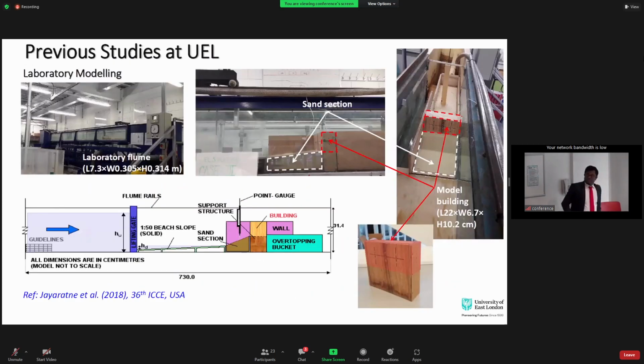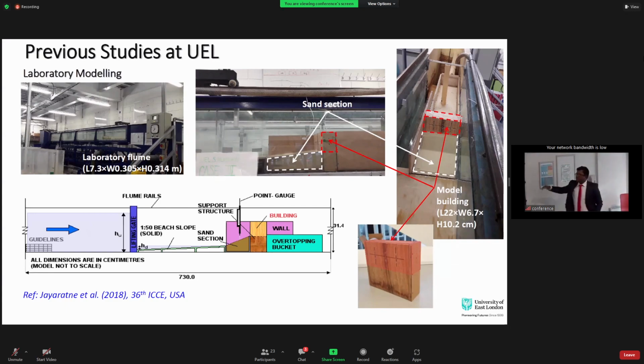These are the previous works we have done at UEL, where we have a nice flume in the hydraulic laboratory. We created a dam-breaking scenario: we stored the water there, recreated a lifting gate, and created a dam break to generate tsunami waves.